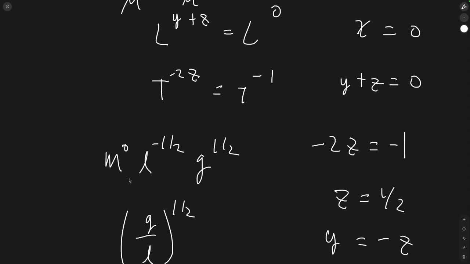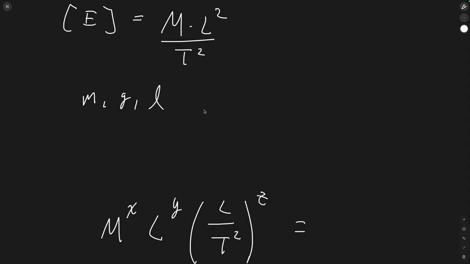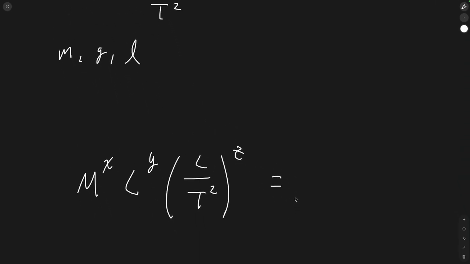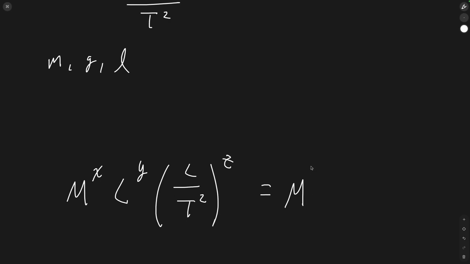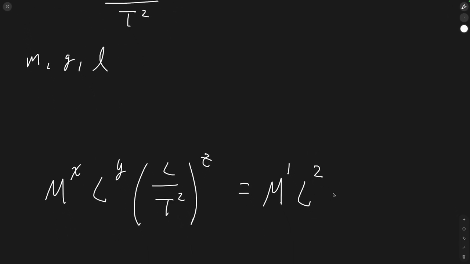So m to the x, L to the y, and L over t squared to the z. This should equal m L squared over t squared, right? So that's going to be m to the 1, L squared, and t to the minus 2.